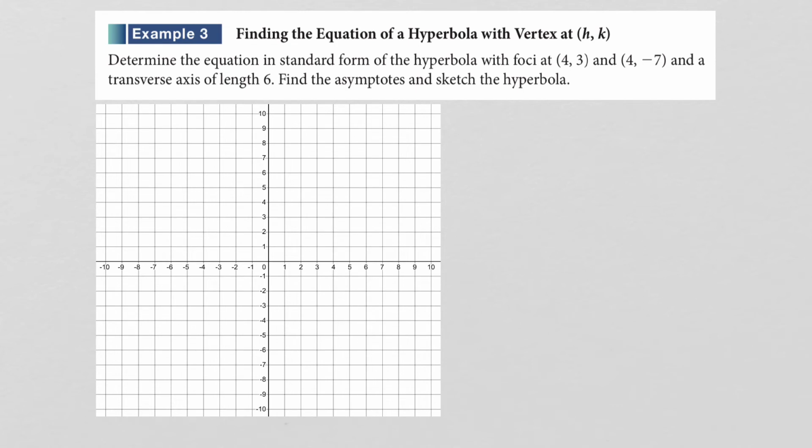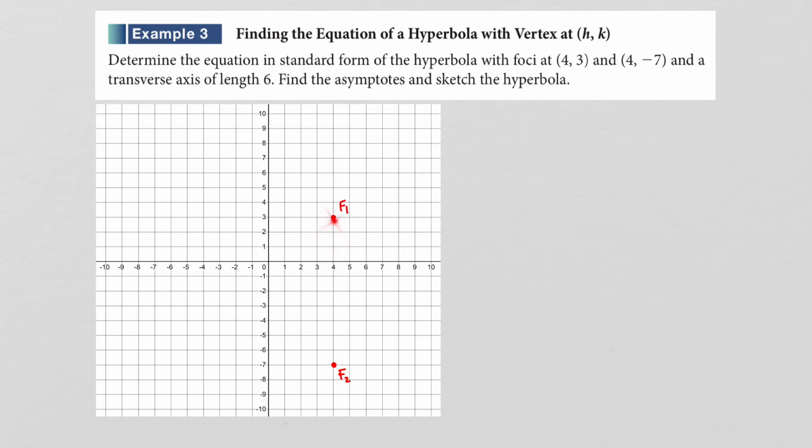So we have a focus at the point (4, 3), which is right here, and another focus at the point (4, -7). (4, -7) is right there. And we'll call this focus 1, and we'll call this focus 2. It doesn't matter which one you call which, all right? And then we know that the center of this hyperbola has to be somewhere on the line between the foci, and it has to be right in the middle, right?